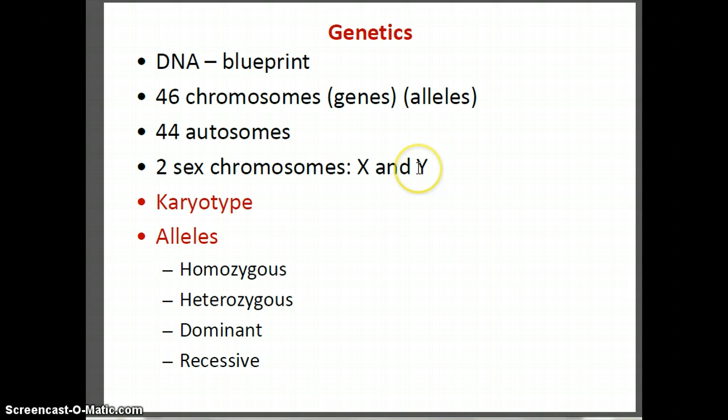Y-bearing sperm will produce a male. X-bearing sperm will produce a female. All of your genetic information is referred to as your karyotype, or your genetic type.